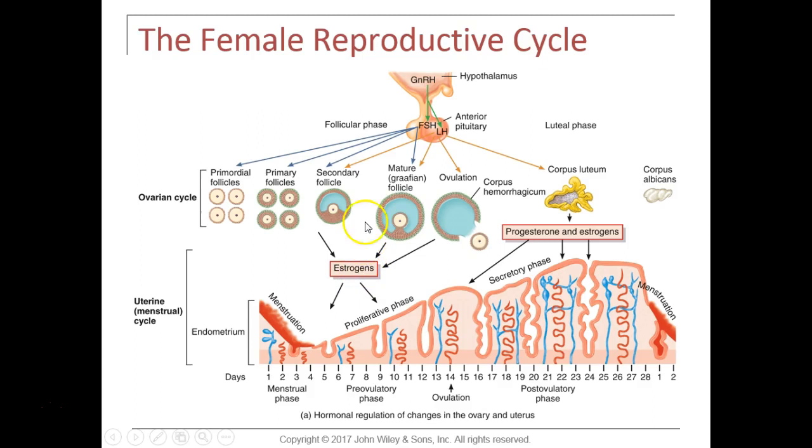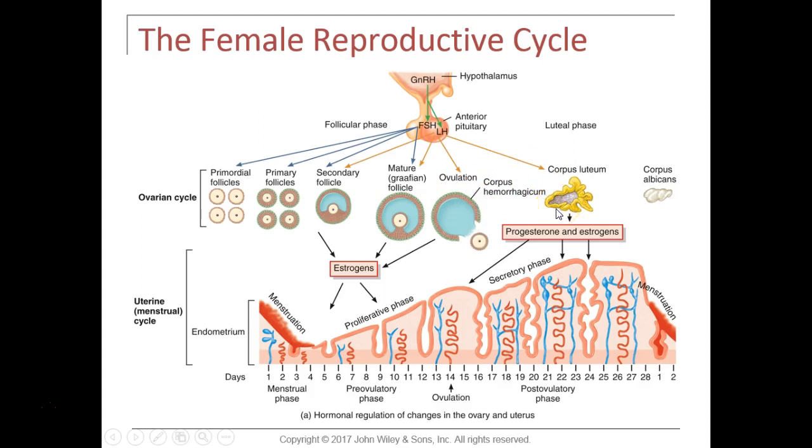So as estrogen rises, it causes more luteinizing hormone to be released, and that occurs about 24 hours before ovulation occurs, and that's called the LH spike or the LH surge. And the LH spike is what causes the Graafian follicle to rupture open, releasing the secondary oocyte. After ovulation, luteinizing hormone's role is to cause the ruptured follicle to develop into the corpus luteum.